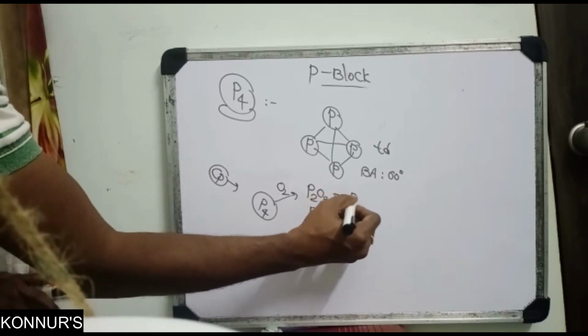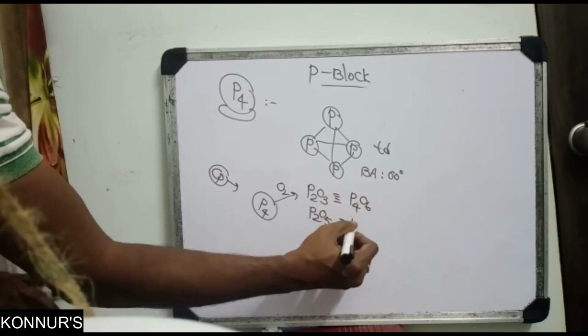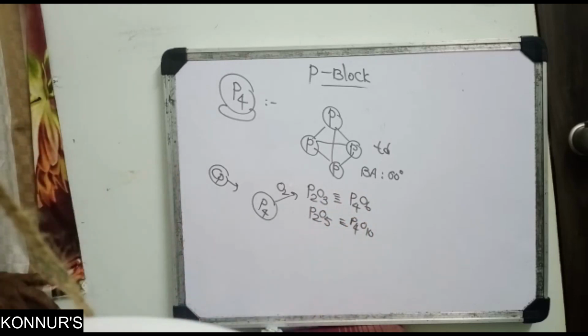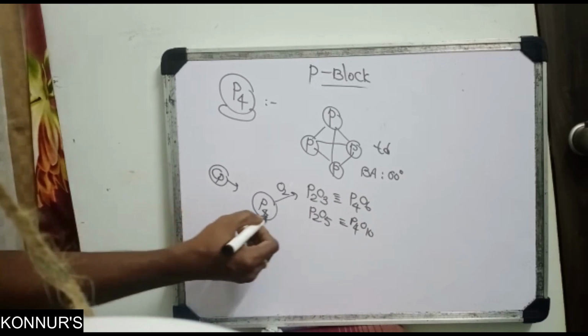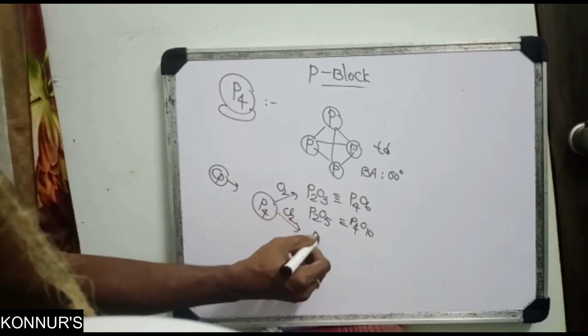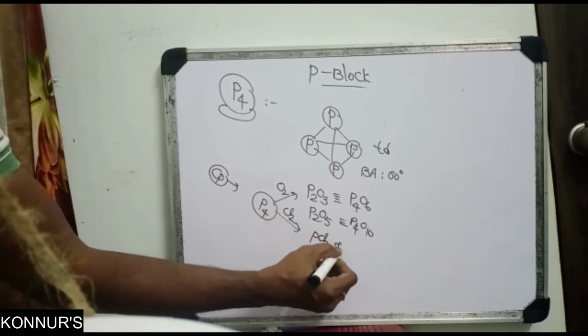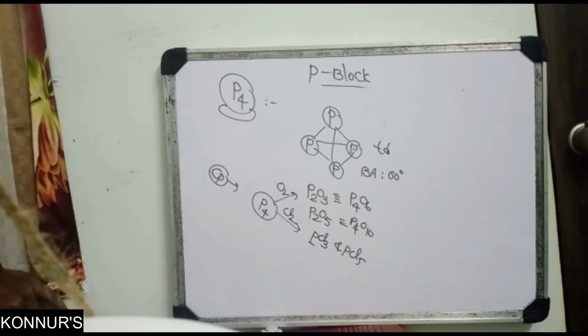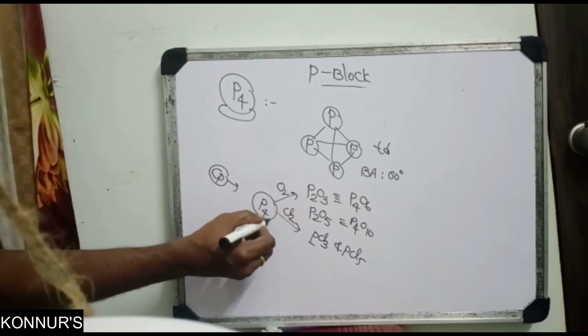You can also write P4O6, otherwise P4O10. Next, if you treat it with chlorine, you get PCl3 and PCl5. Ground state means +3 oxidation state. Excited state is PCl5.